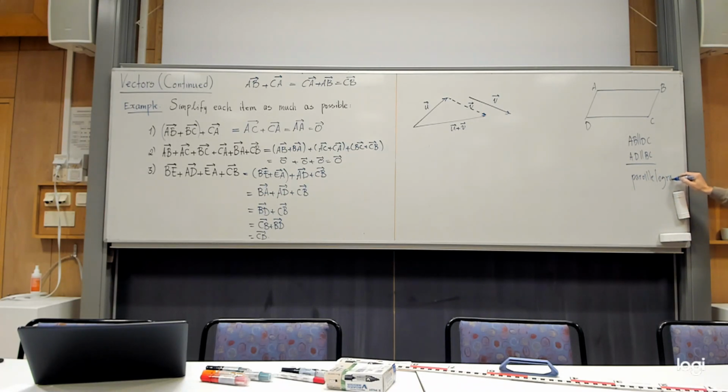Of course, there are other properties that you can immediately guess, and you should be able to prove them later. For example, this side, from a size point of view, is equal to this side. And this side will also be equal to this side. What about the diagonals? Do you think the diagonals should be the same from a size point of view?